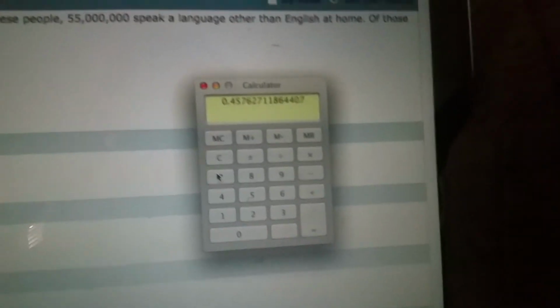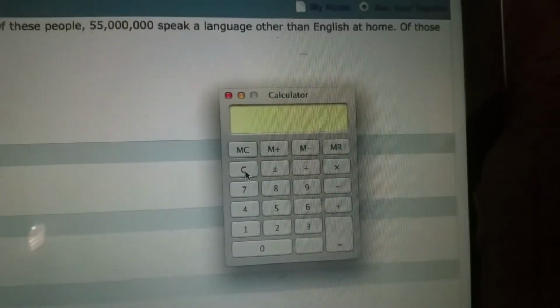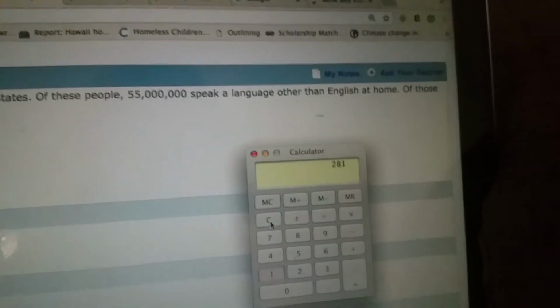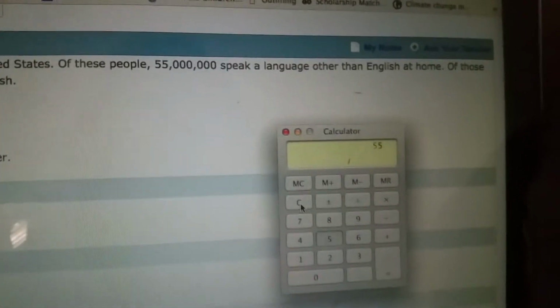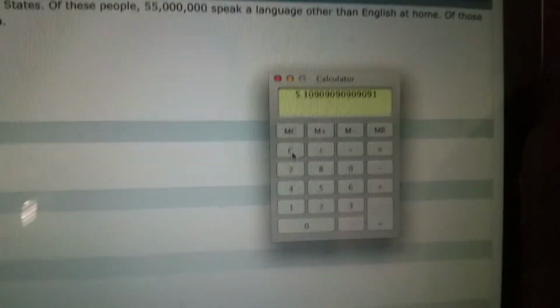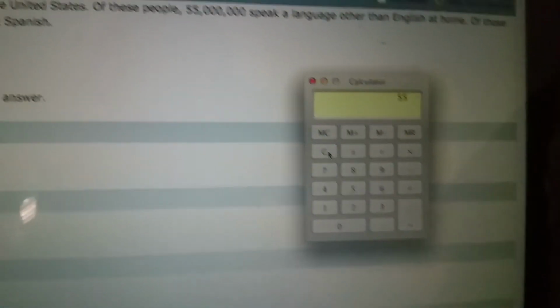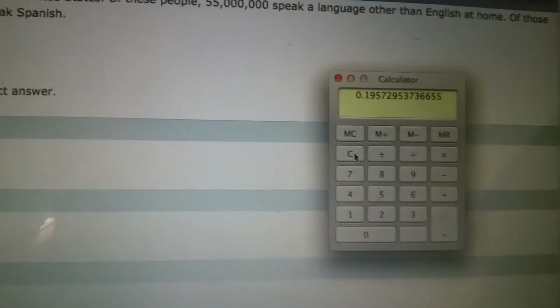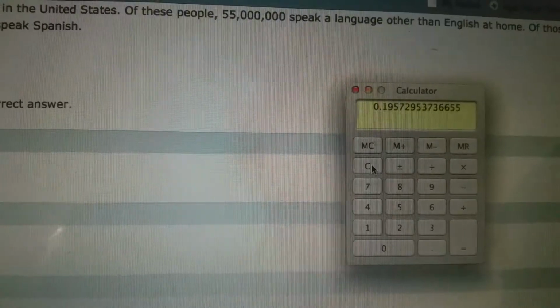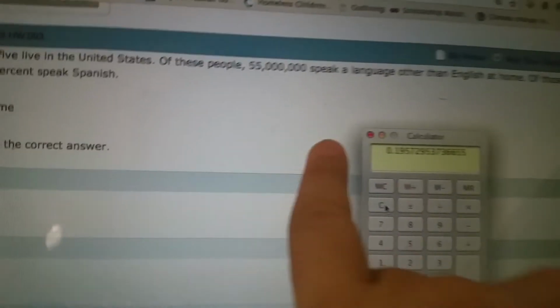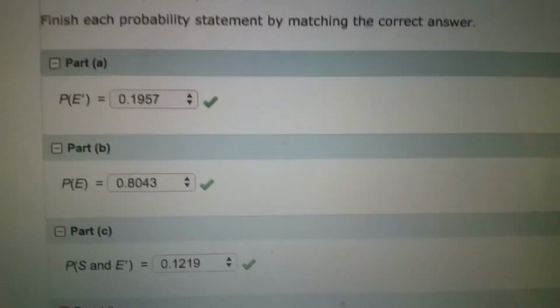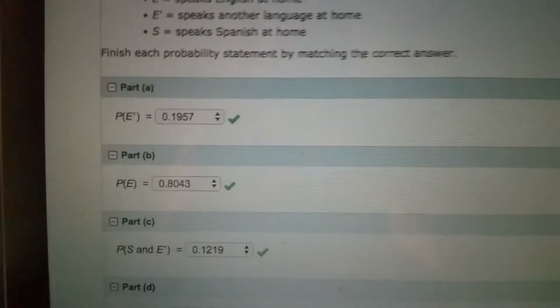I'm just going to go 55 divided by 281. That's 0.1957. There we go. That's the probability of people who do not speak English.